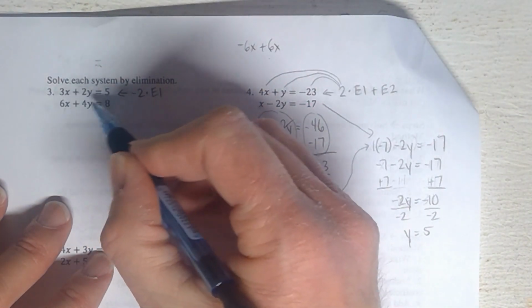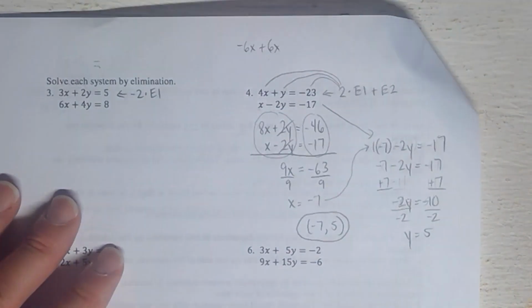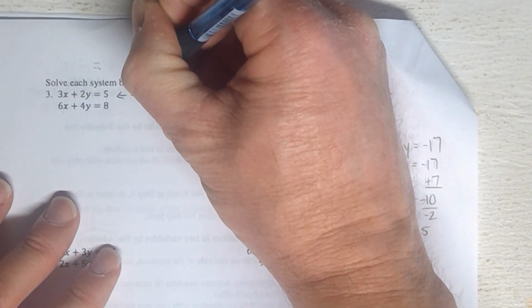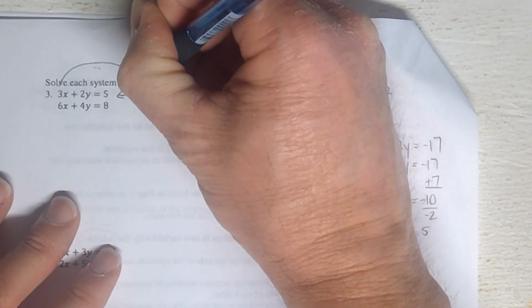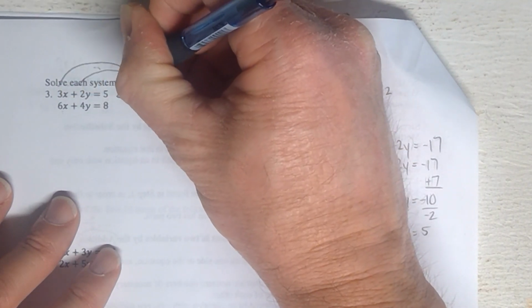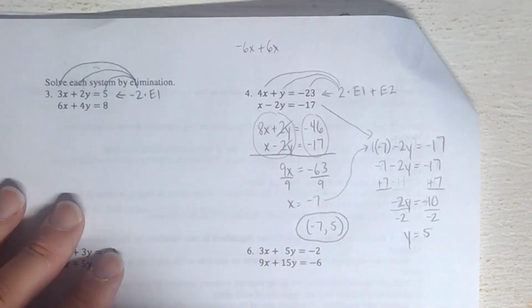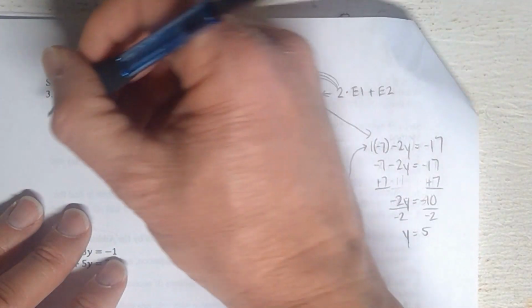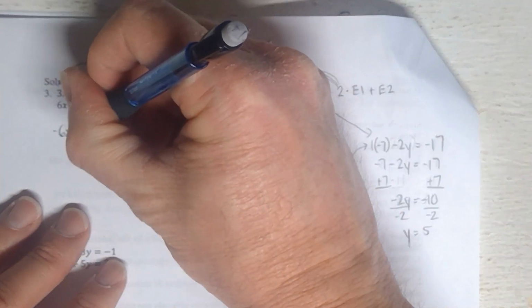No, just normal terms that we reviewed at the very beginning of the prerequisite review packet. In that case, you distribute to each term here, keeping the equal sign in the same place, just like in number 4 over here. We get negative 6x minus 4y.